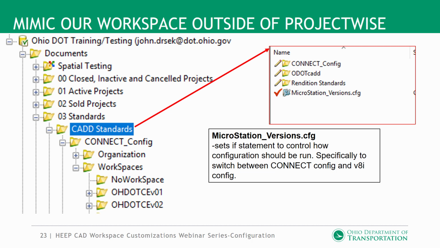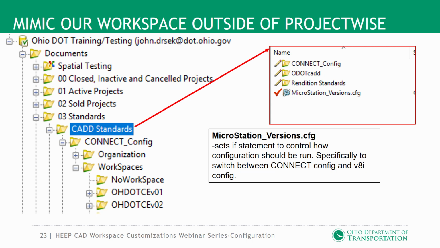And then we have this migration versions config file. This migration versions config file is really what's controlling whether or not migration should load a Connect configuration or a V8i configuration. So that's really going to be our starting point.